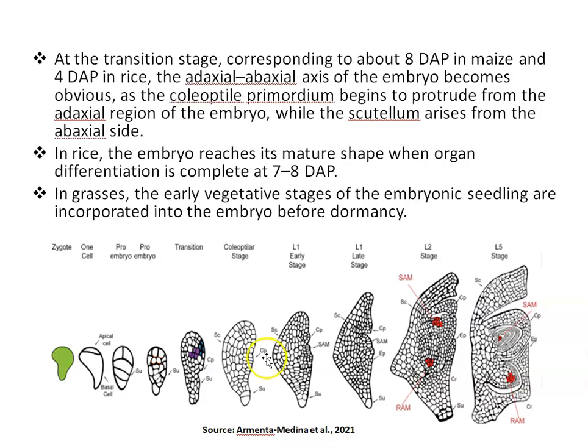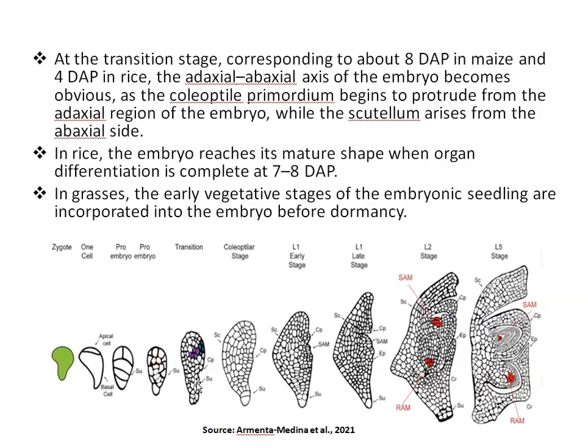At the transition stage, corresponding to about 8 days after pollination in maize and 4 days after pollination in rice, the adaxial-abaxial axis of the embryo becomes obvious. The coleoptile primordium begins to protrude from the adaxial, meaning upper, region of the embryo, while the scutellum arises from the abaxial side, that is the lower side.